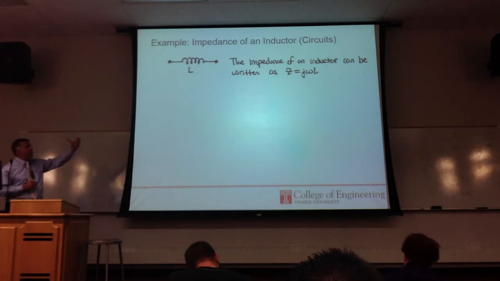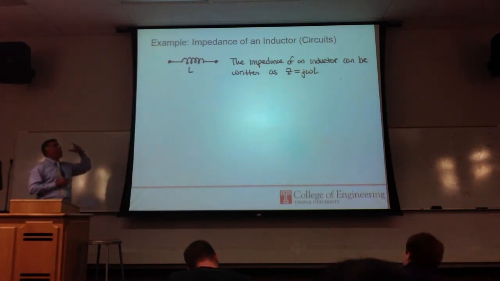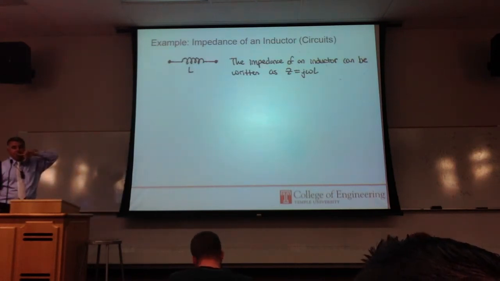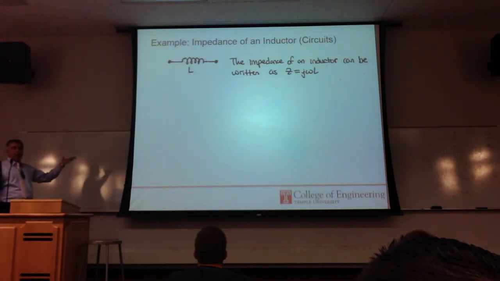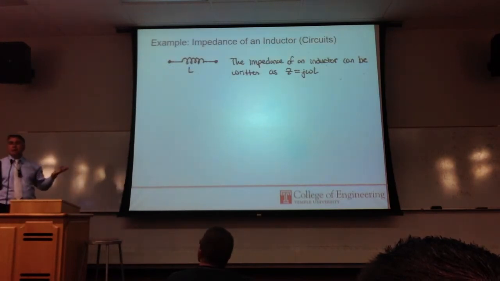So impedance of an inductor is written this way. What do you think the units of that Z would be? Ohms, right, exactly. So from now on, we're using resistance or impedance as Z.